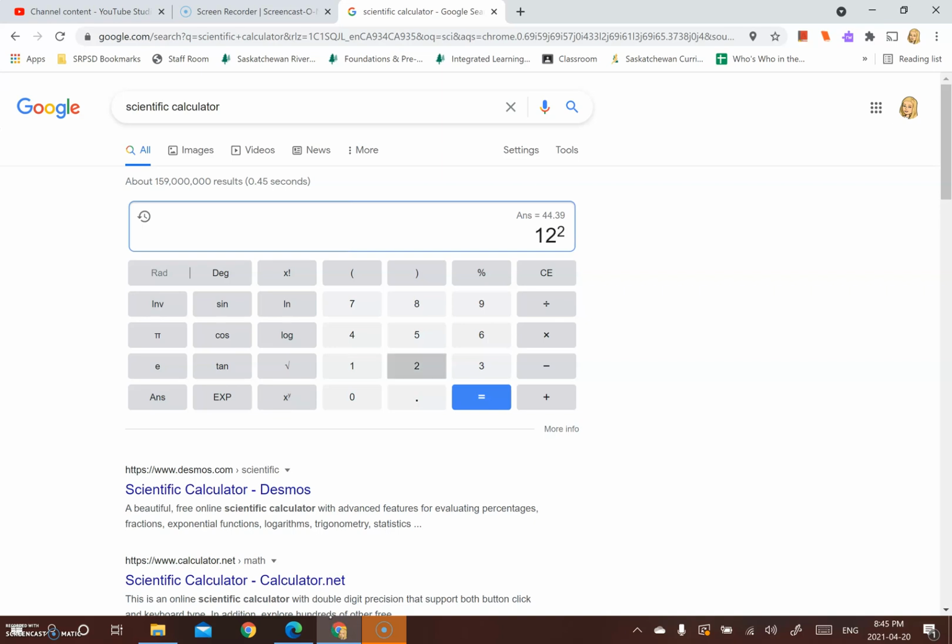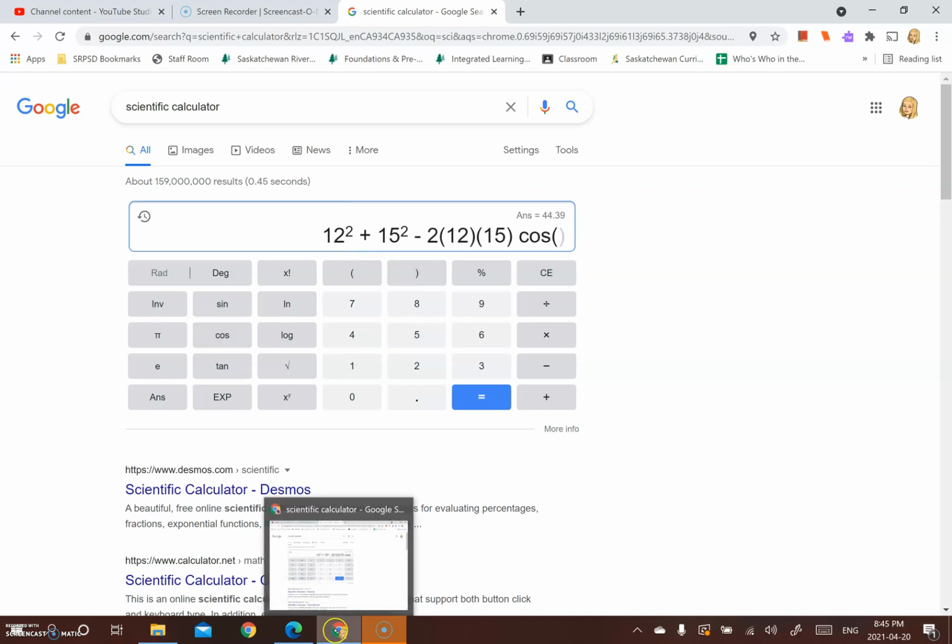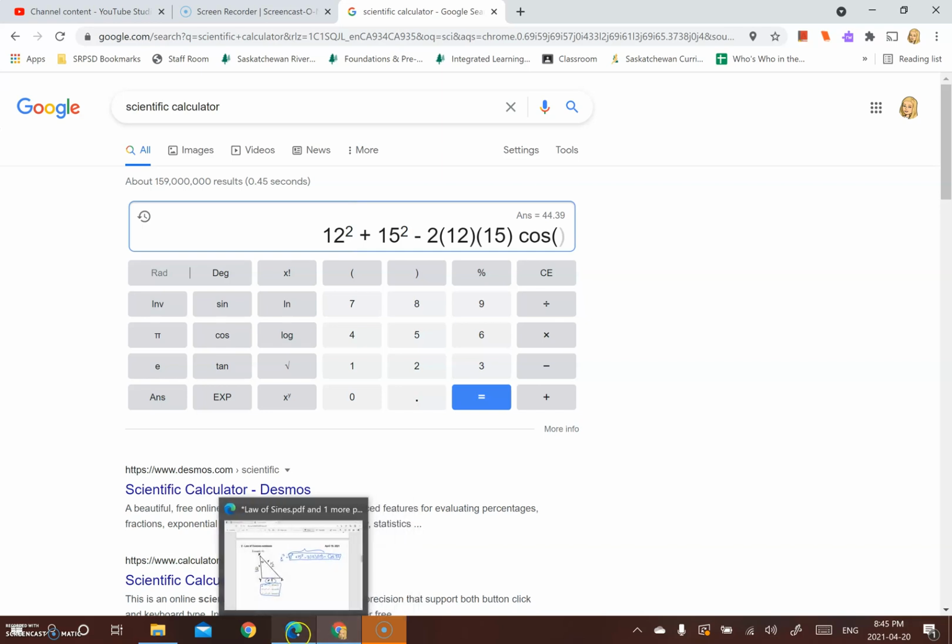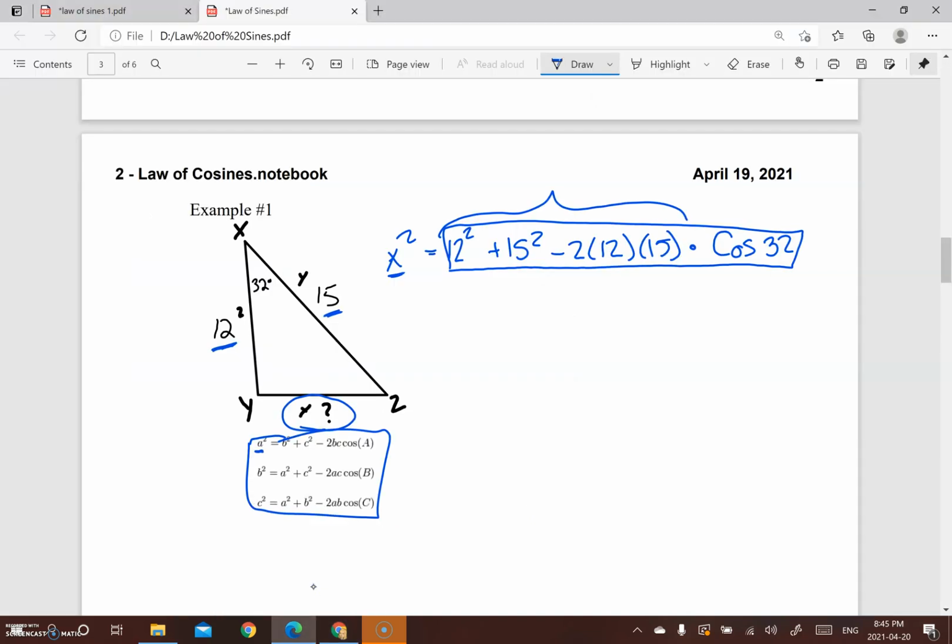There's my squared. 12 squared plus 15 squared. Subtract 2 times 12 times 15 times cos. And what was our angle there? Cos 32, equals 63.7. I'm going to write that down, and then there's one more step I have to do.